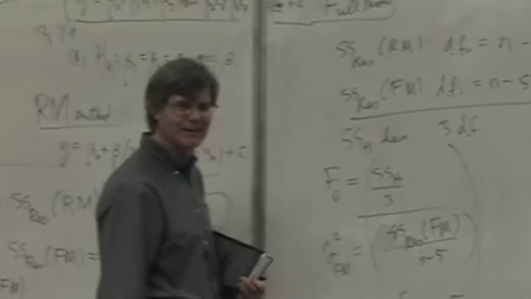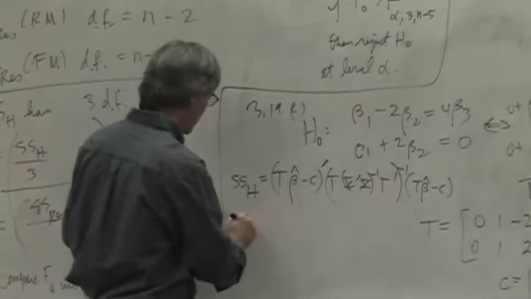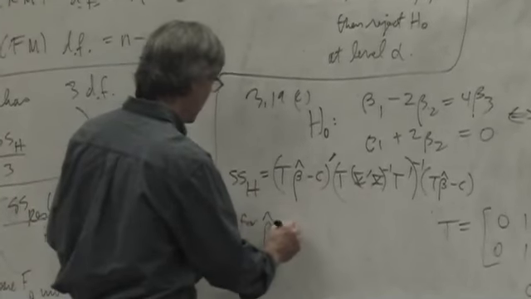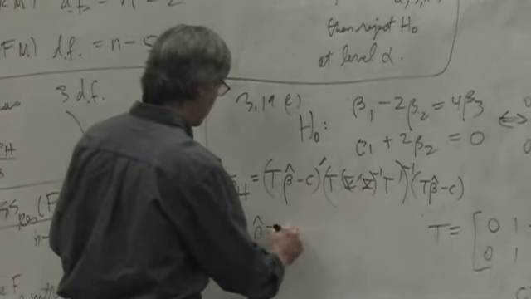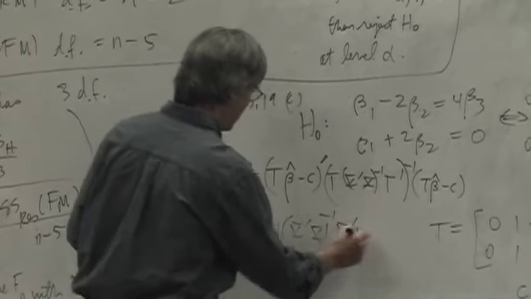It's a mess, isn't it? Okay? Just go ahead. That's for beta hat equals (X prime X) inverse X prime y.